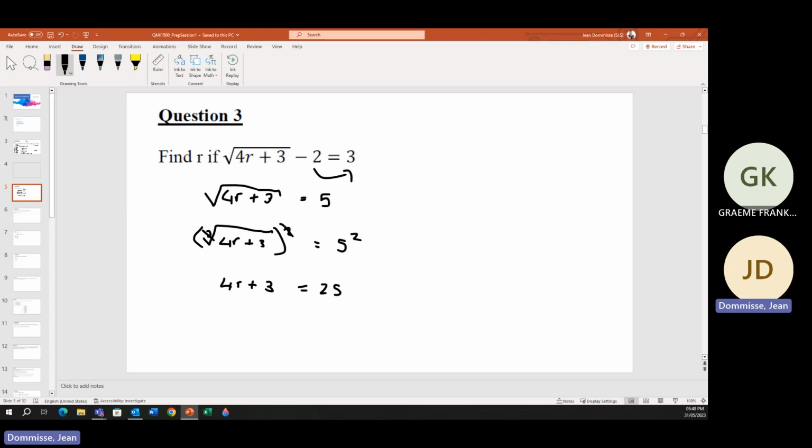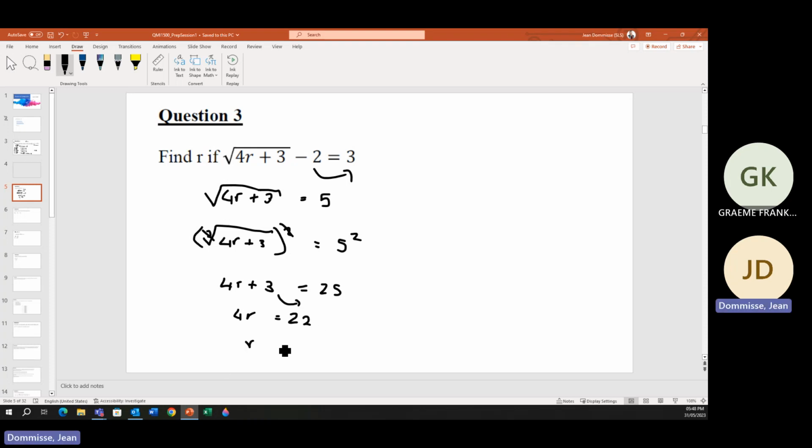And then again, we follow the same principle. Make it 4r on this side, take the 3 over to that side. So from left to right, it becomes 25 minus 3, which is 22.